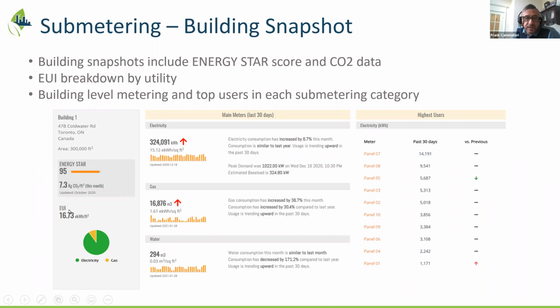You can see the overall EUI, and within each of the utilities. It's great to see all the different utilities, but also to see what makes up some sub-meter data available in this electrical piece here, some of these panels. Again, lots of variety and flexibility in what's available from the sub-metering software out there.